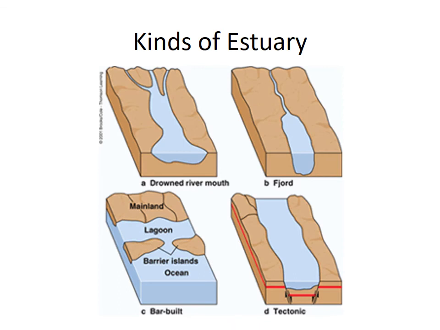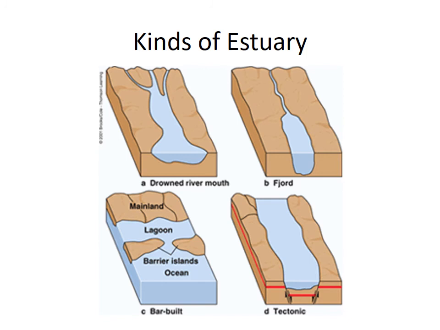So I mentioned that estuaries are semi-enclosed bodies of water where there's a mix of fresh and salt water. But there are many different kinds of geological processes that can create a semi-enclosed body of water. And we classify estuaries based on what sort of geological landforms created the semi-enclosed body of water.